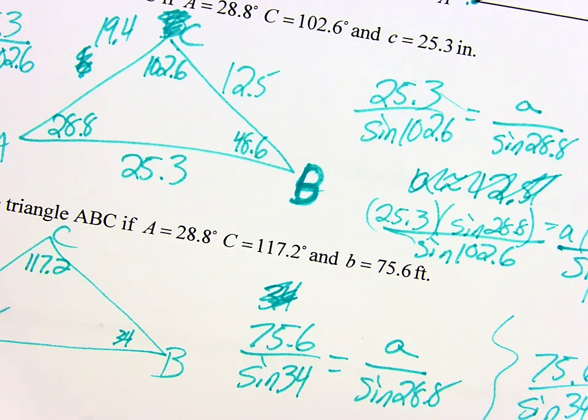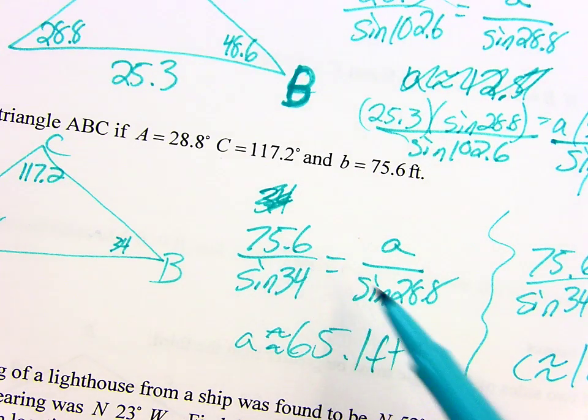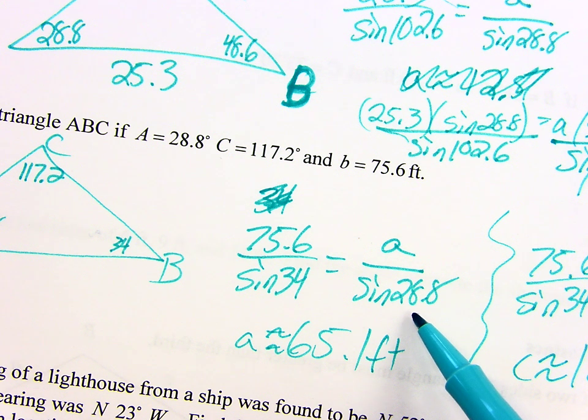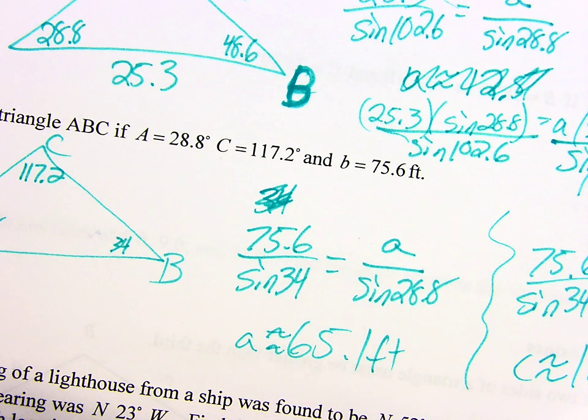So if you're going to find A, for example, did you do 75.6 times sine of 28.8? Do it again right now and tell me what you get for just that. 75.6 times sine of 28.8. 34.42. No. Are you sure you're in degrees? I'm in degrees. Are you dividing afterwards?